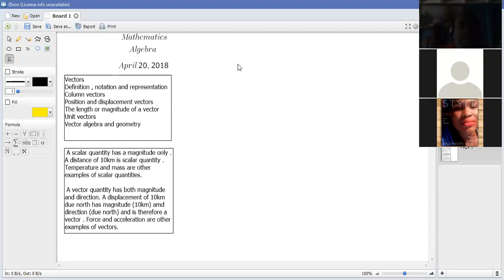So now we're going to be looking at the representation of a vector. How do we represent a vector? Let's write a little brief note.